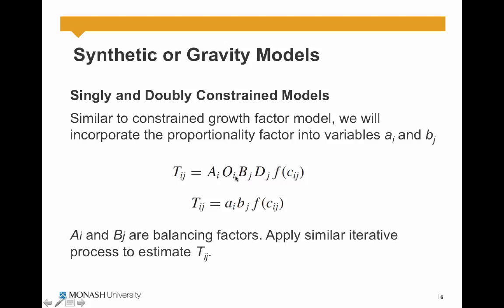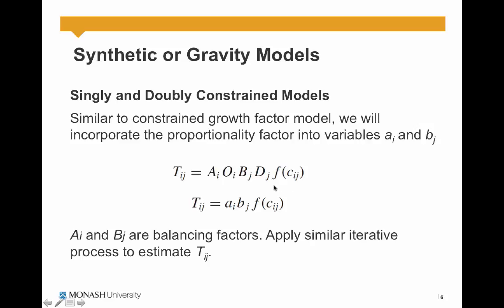And later, we combined Ai and Oi with a small ai and Bj and Dj with a small bj. So the gravity model can be represented as the number of trips going between i and j is equal to balancing factors Ai and Bj multiplied by Oi, Dj and the deterrence function.